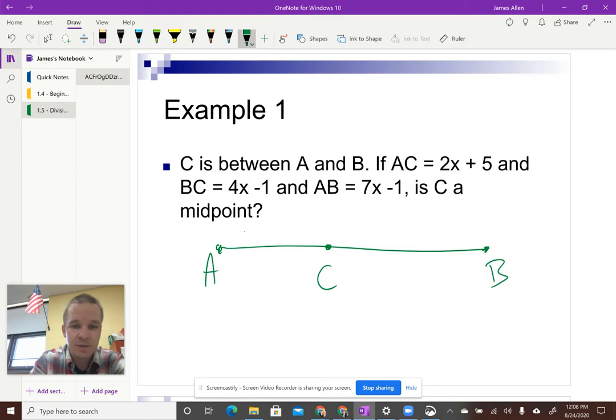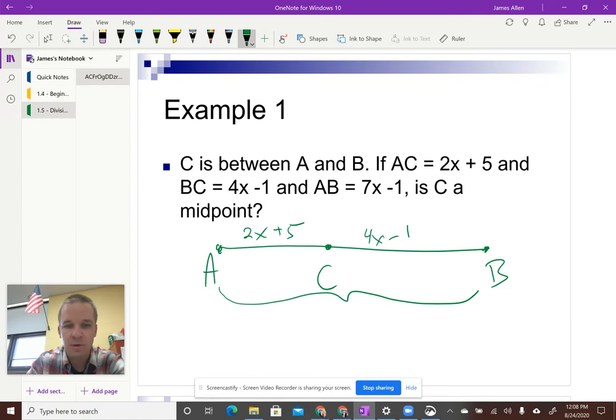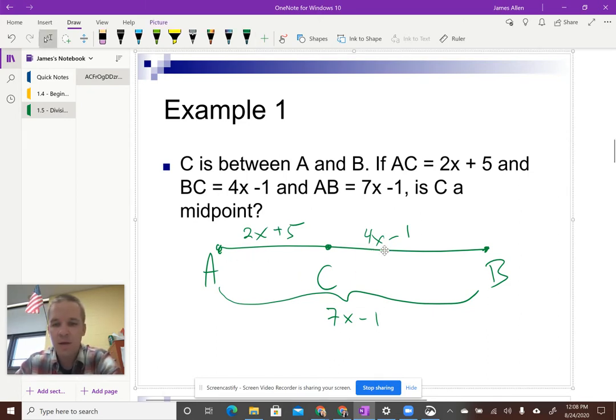It says AC is 2x plus 5. BC is 4x minus 1. And the whole thing is going to be 7x minus 1. So we know with betweenness, if you remember back to the definition of betweenness, and we have betweenness here, it says that C is between, that AC, this segment here, and BC, this segment here, would add up to the whole thing, AB.